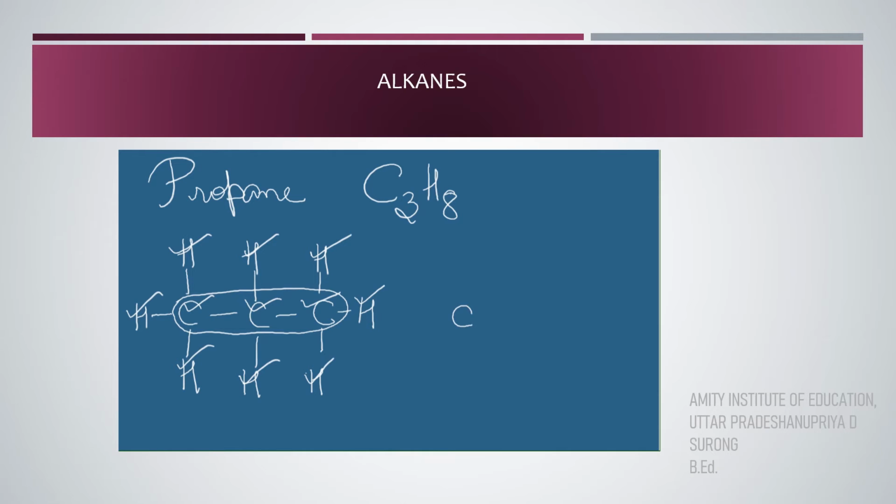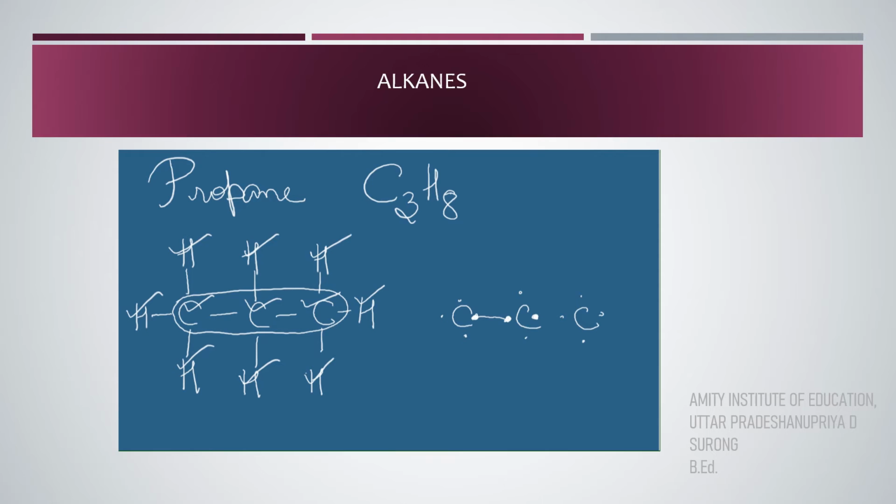So these 3 carbon atoms having 4 valence electrons bond with 8 hydrogen atoms in this way. The valence electron in the first carbon atom pairs with one of the valence electrons of the middle carbon atom.